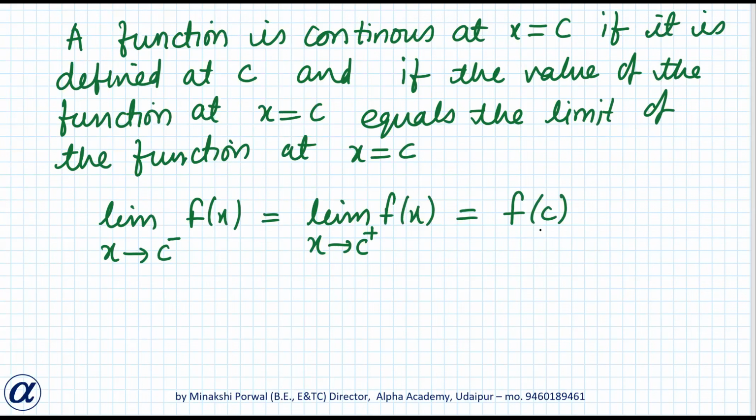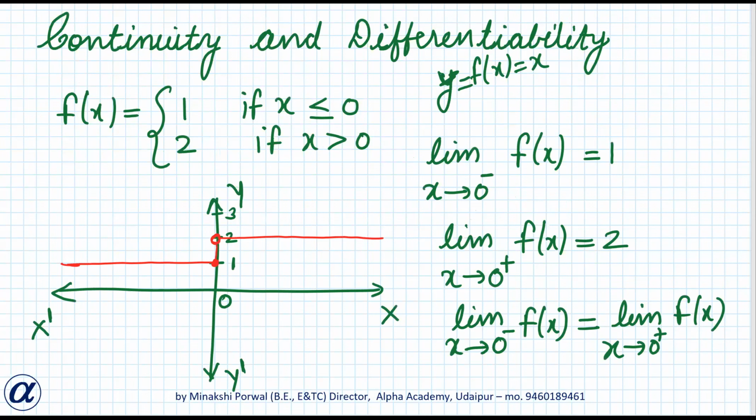Okay, copy this if you are copying. Now, this thing, limit x tends to c minus f(x) equals limit x tends to c plus f(x). When the graph is of this type, when it is defined differently at that point, then we need to find left hand limit and right hand limit.